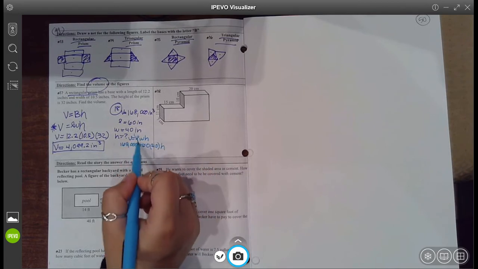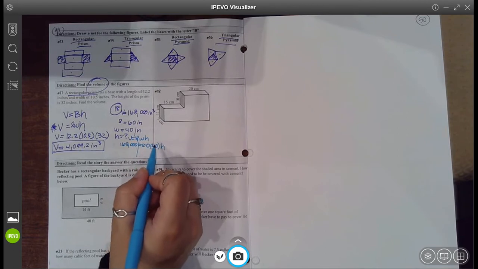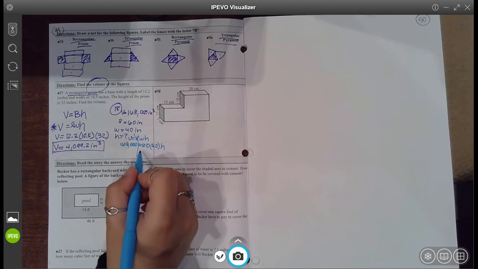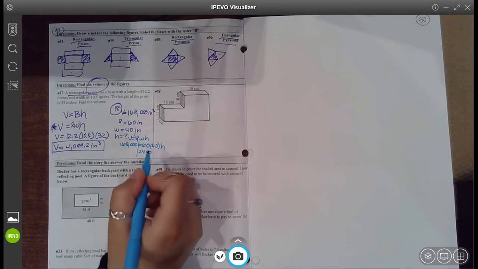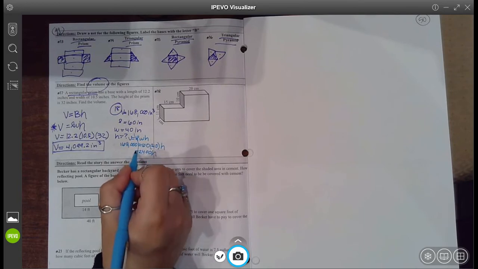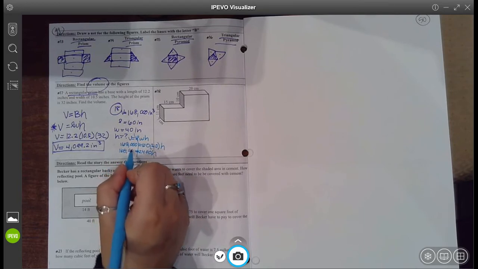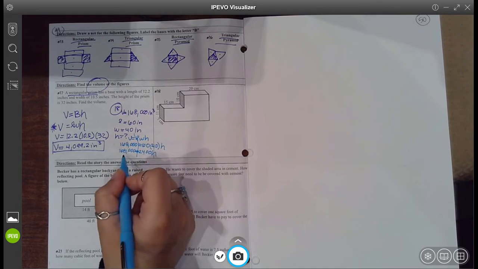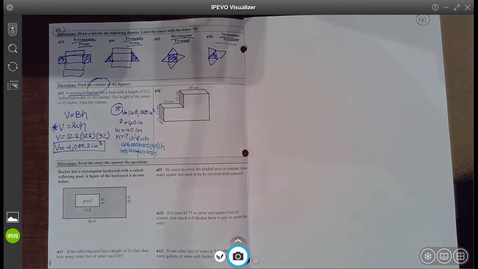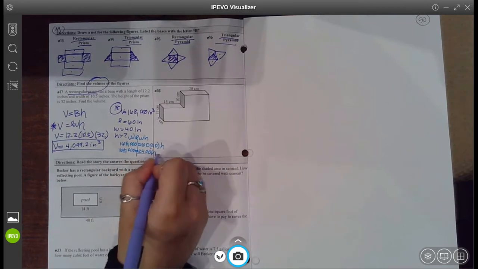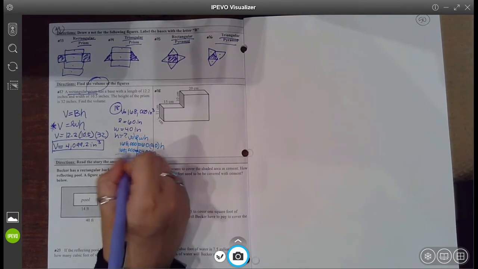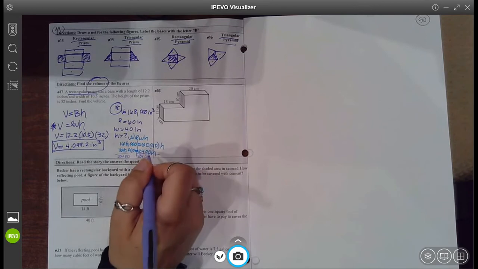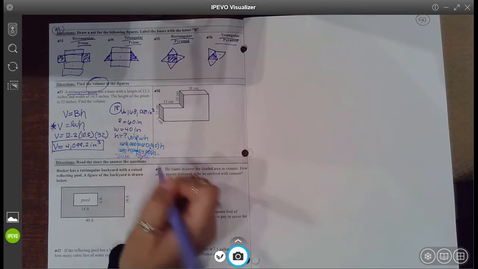So on this side, you can simplify 60 times 40. Well, 6 times 4 is 24. Tack on your 2 zeros and then the H. So 2,400 times H is equal to 168,000. To figure that out, divide both sides by 2,400, because 2,400 divided by itself is 1.